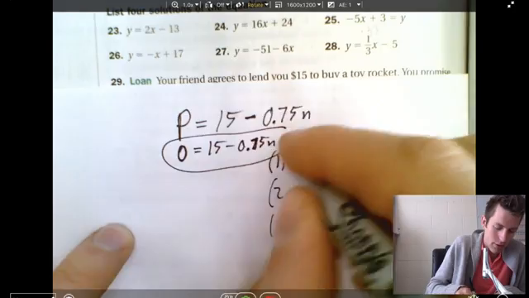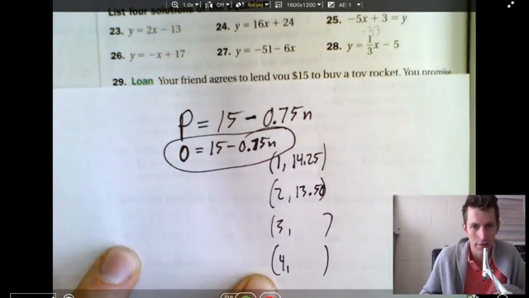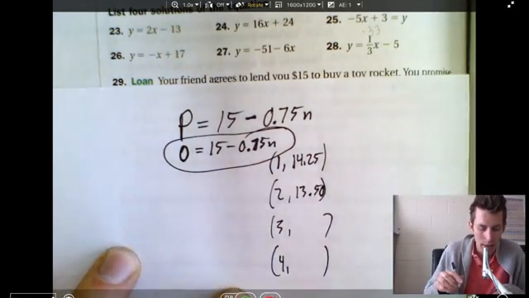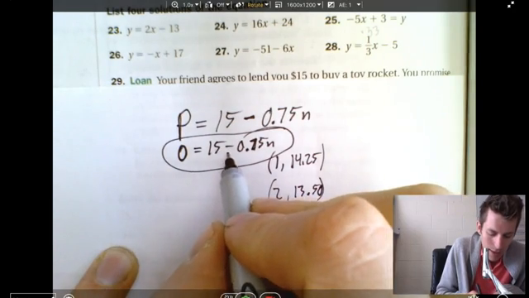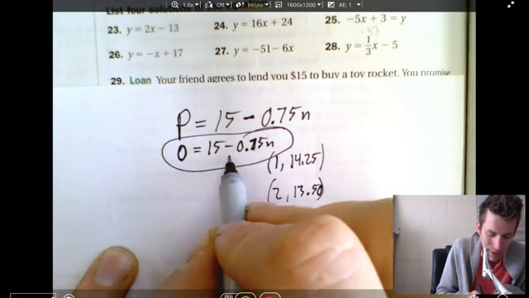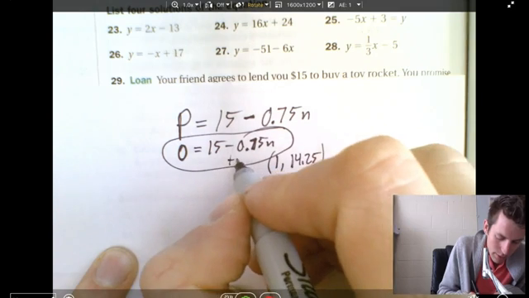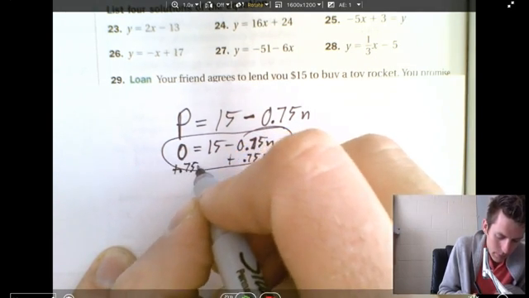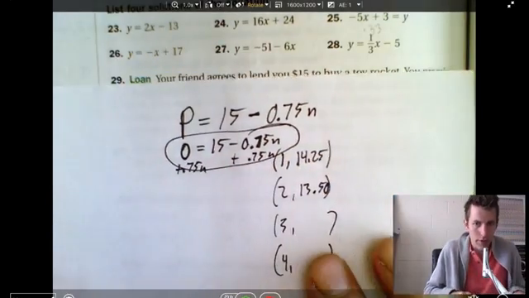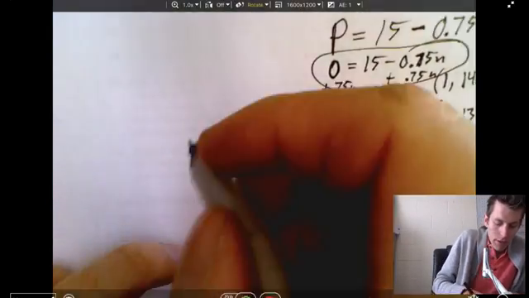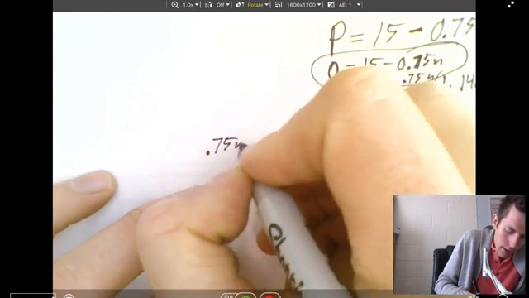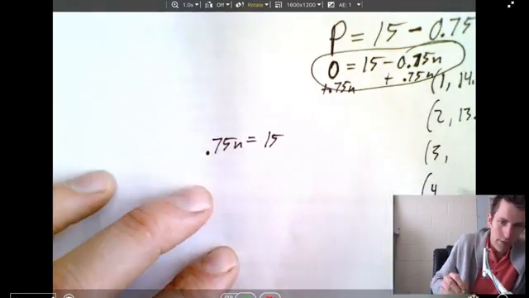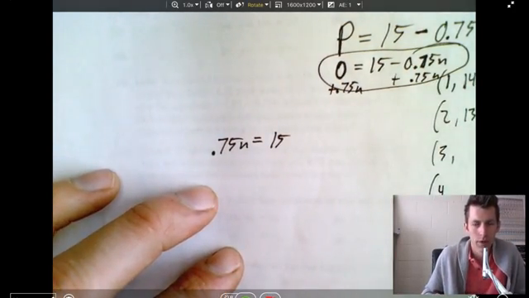Now we're going to just do some math to solve for N. Because that's a minus, I'm just going to add the 0.75 N to both sides. So now we have 0.75 N equals 15. Okay?